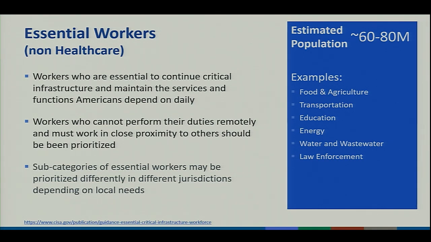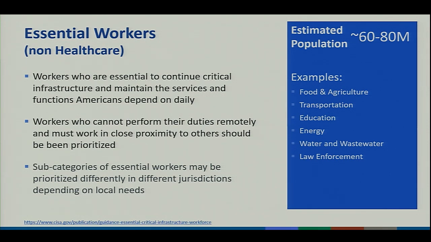It's also important to recognize that subcategories of essential workers may be prioritized differently in different jurisdictions, depending on local needs. The estimated population for this group is approximately 60 to 80 million people, but it should be noted that this is a very rough estimate and may be revised as workplaces evolve and we find innovative ways to protect workers.